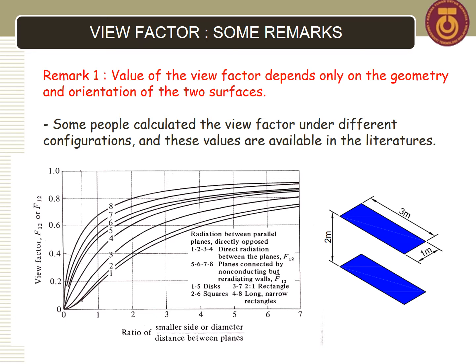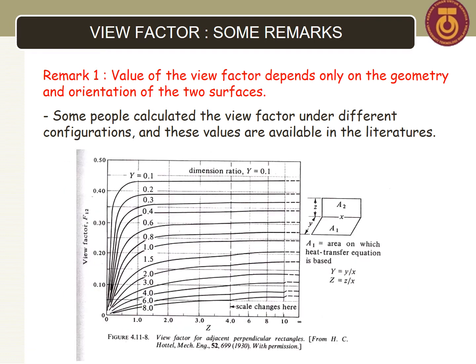So the F12 now becomes close to 0.7. So you can see the effect of radiating wall addition and the effect of reducing the distance between the two planes.